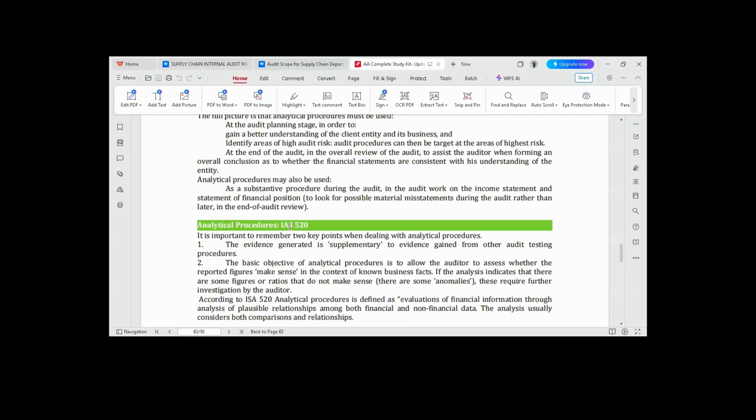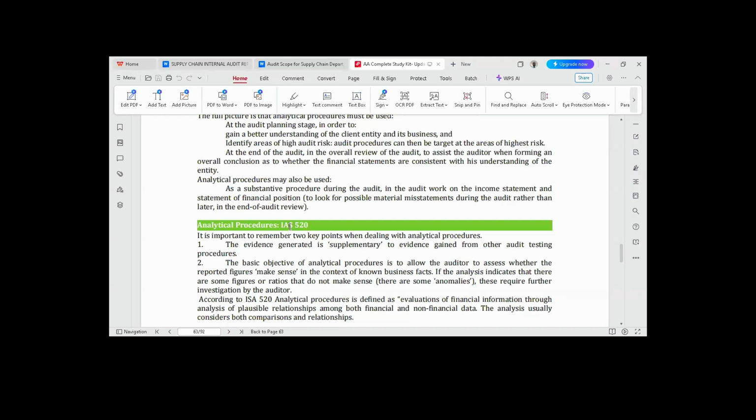Now, I'll explain what analytical review procedure means. Analytical review procedure shows plausible relationships between financial and non-financial data. And one thing you need to note is that analytical review procedure is a supplementary type of audit evidence. It supports, it confirms. It's not the main audit evidence, but it lends its support.